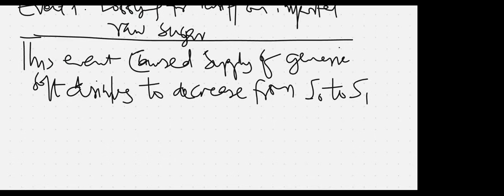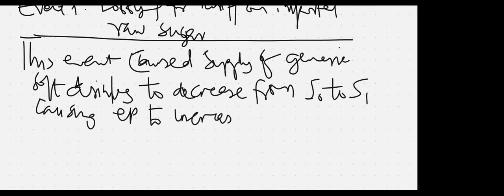Causing equilibrium price, write this in full, to increase from P0 to P1. That's it.